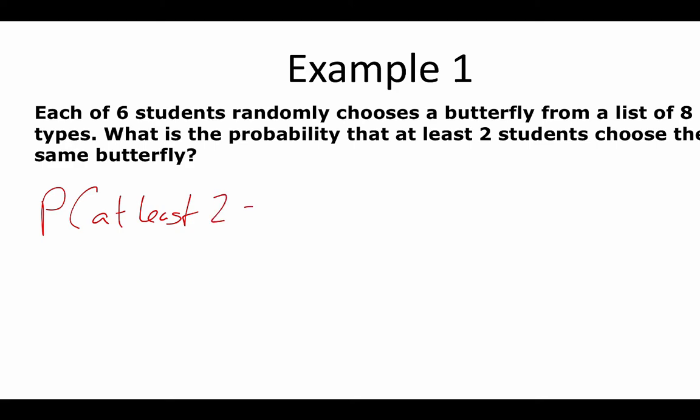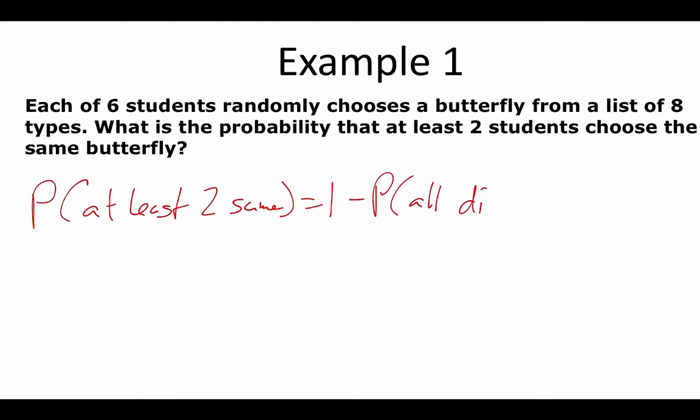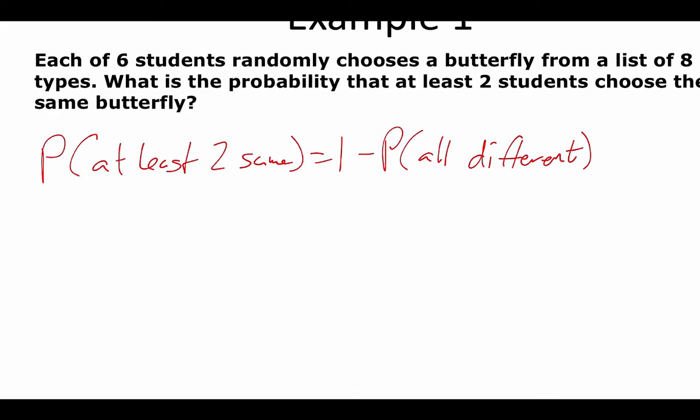So I'm going to say the probability of at least 2 the same is going to be 1 minus the probability that they're all different. So instead of having to figure out a bunch of different probabilities, especially since calculating each of those individual probabilities can be a lot of work, we're going to do 1 minus the probability that they're all different, because then none of them are the same.